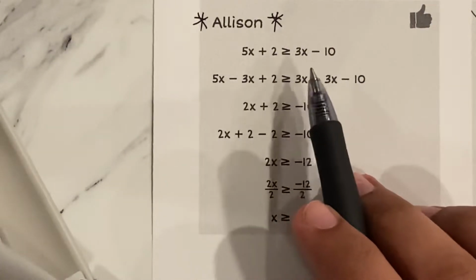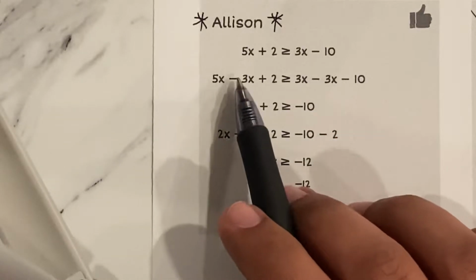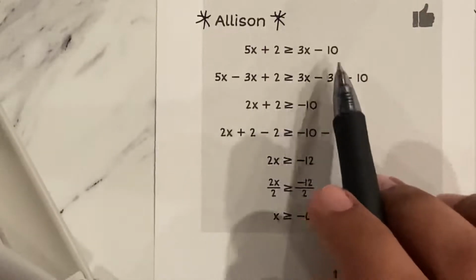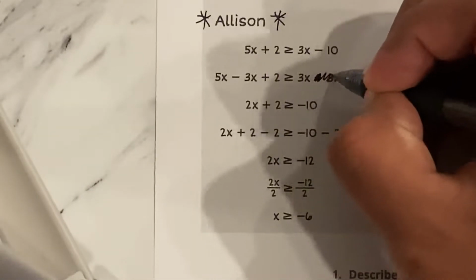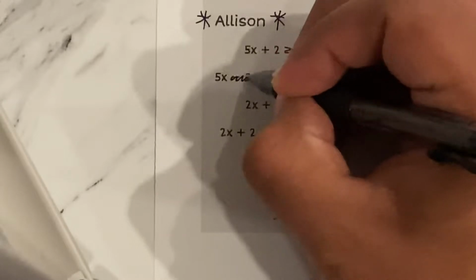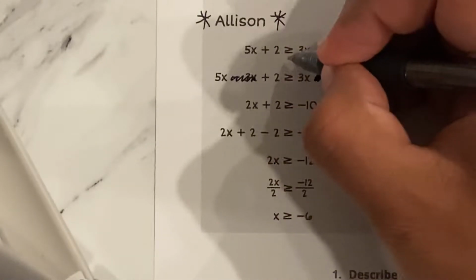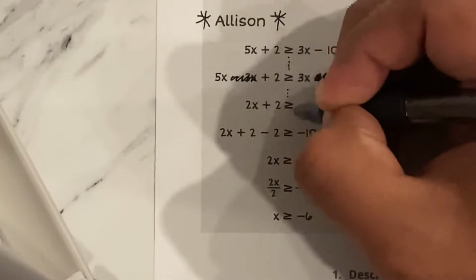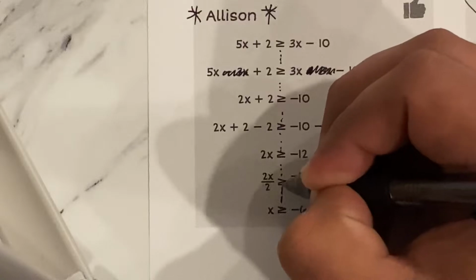For starters, she subtracted 3 from the right side to do it to the other side. Looks a little funky, but I'll mark this off so you can see it a little better. All she did was do her border, left and right side, of course.